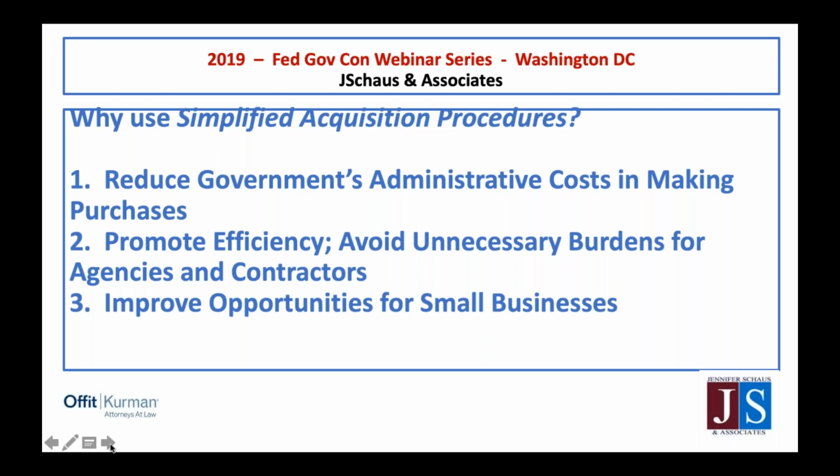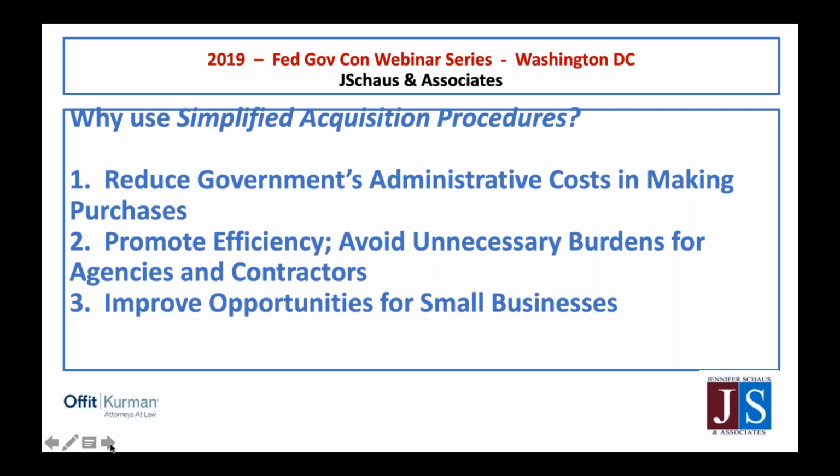It's also designed to promote efficiency and avoid unnecessary burdens with respect to the contractors that are interested in performing for the government. There aren't nearly as many contractual clauses and requirements as you'd find in a typical, say, FAR Part 15 negotiated procurement or other contracts that are issued through more complicated procurement means.